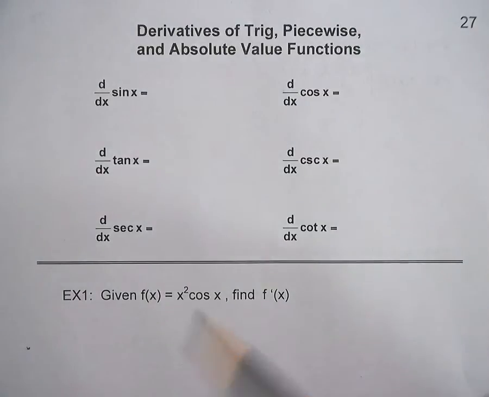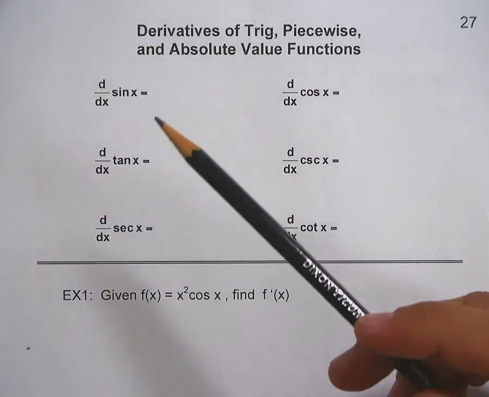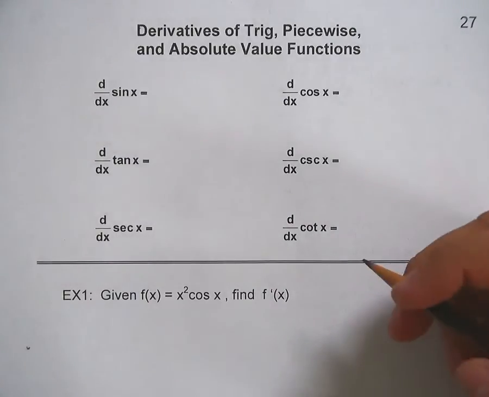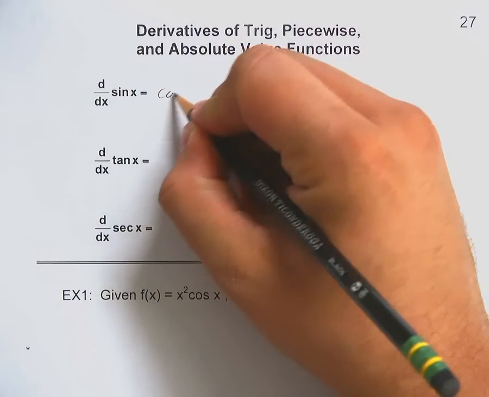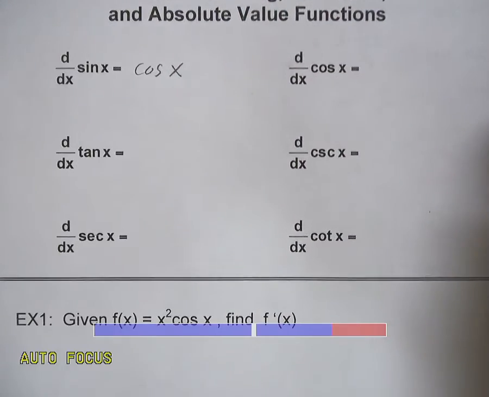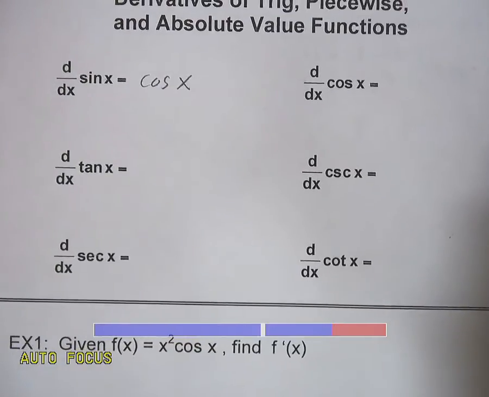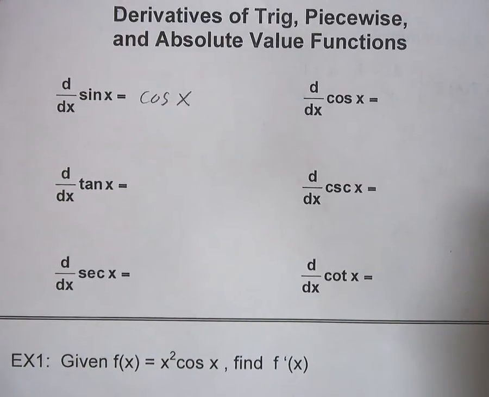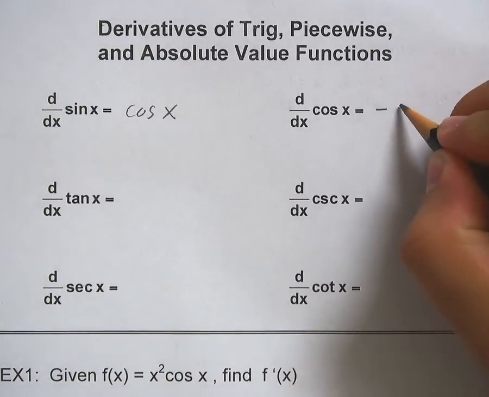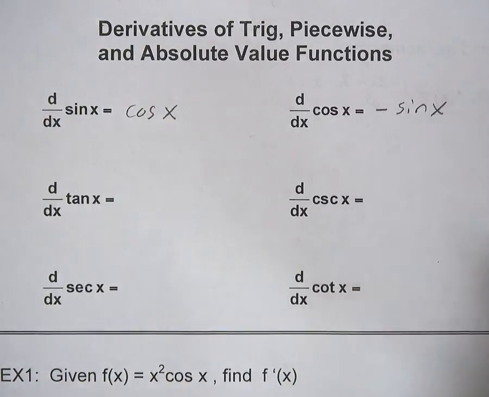Now, these derivatives were found graphically. If you graph sine x and then you mark off its slopes at every point and you graph it, the derivative of sine x is cosine of x. Again, the derivative of sine x is cosine x. The derivative of cosine x is a negative sine x.